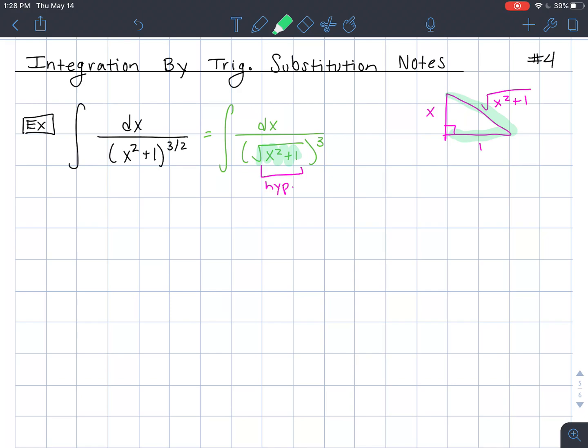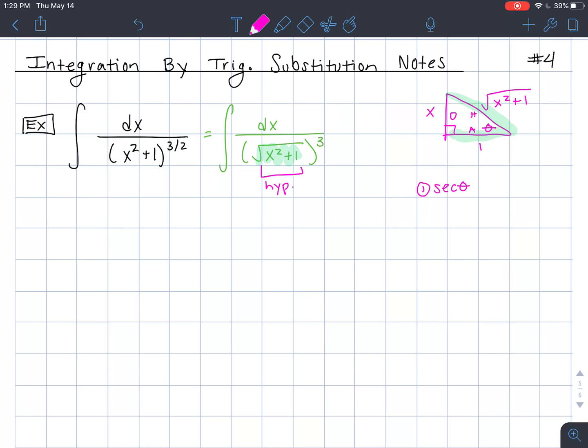So we have a couple of different options, right? Remember, you want to use sine, secant, or tangent. So I'm going to say, let's just put our theta down here. Then this is the hypotenuse, this is my adjacent and my opposite, so this is going to be a secant problem.